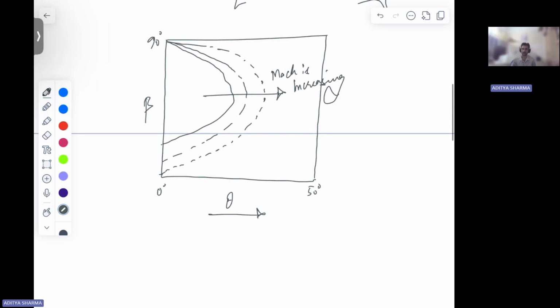Now about your deflection angle, if you take one particular deflection angle, let's say I have taken this as one deflection angle. Now if you draw this parallel to your x-axis, this will cut at 2 points. Let's say this curve is for M1, this is for M2, and the last one is for M3. So for M1, for a single deflection angle, theta 1 I'll call it, for theta 1 it cuts at 2 points.